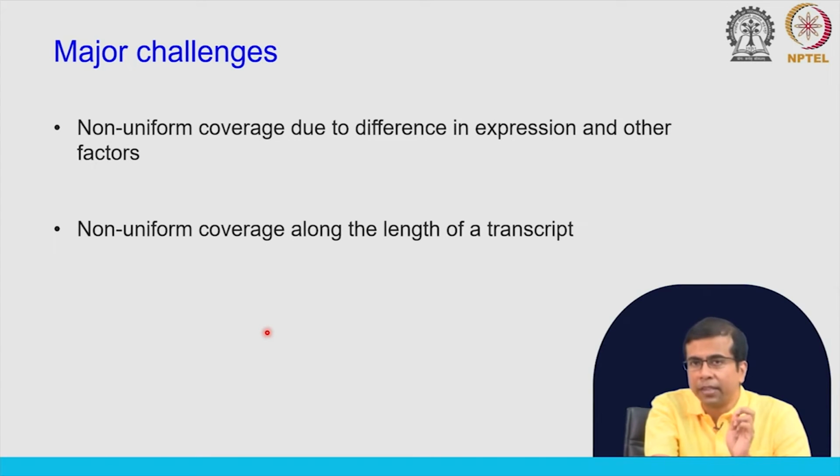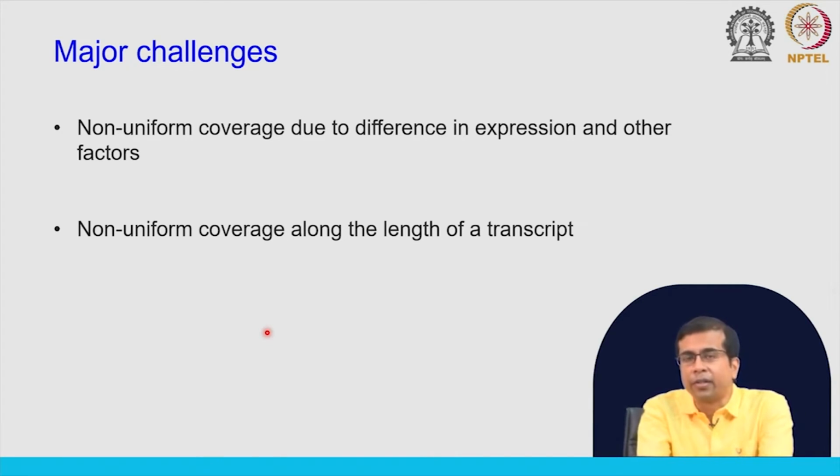We will have a detailed discussion of these biases in subsequent presentations, but it is enough to know now that there is non-uniform coverage along the length of a transcript. If you consider a gene A and its transcript A, you will not get reads across the whole transcript. You will see some bias, especially for example, the ends of the transcript will show more reads compared to the middle of the transcript.